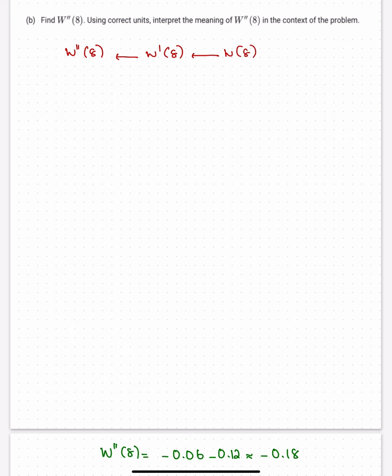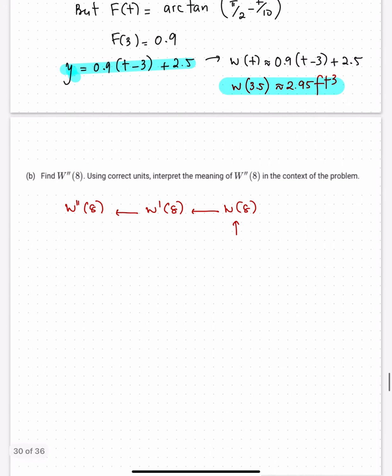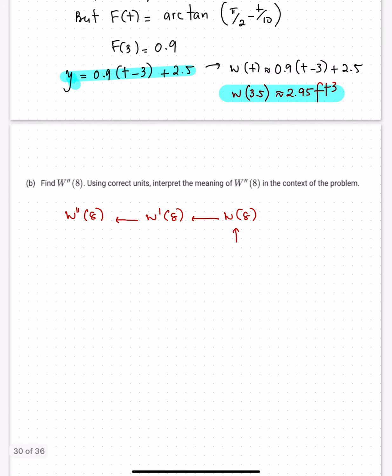But we don't have this. You will be skeptical about why I said that we still do not have W of t. In this case, 0.9 times (t minus 3) plus 2.5 is not the exact expression for W of t. It is just an expression for the approximation of W of t at t equals 3.